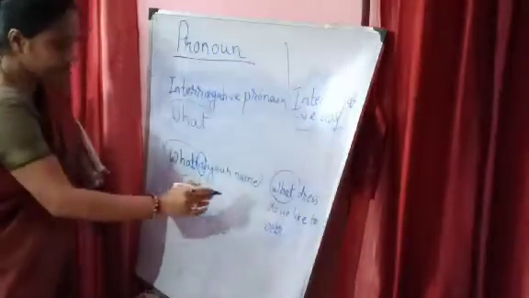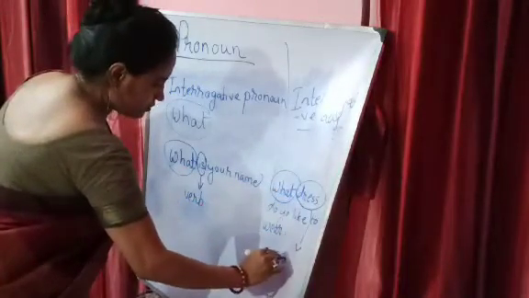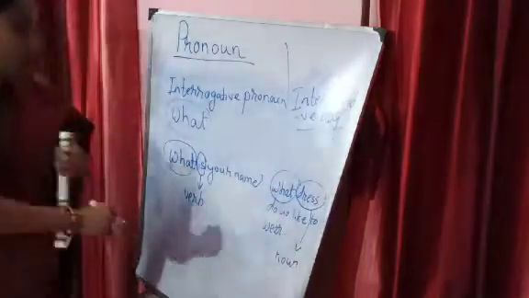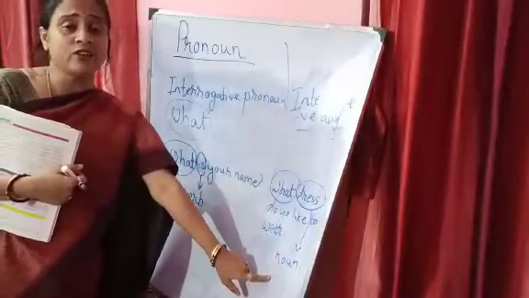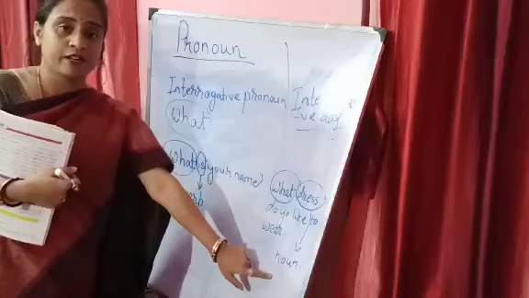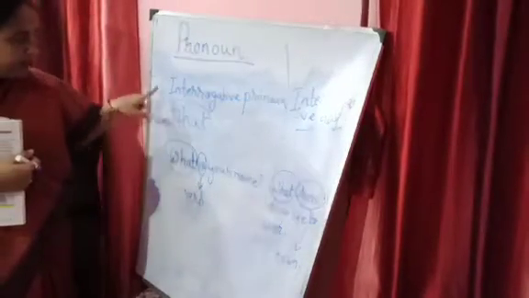And over here, the word just after this is a noun. So when just after it is a noun, then it is an interrogative adjective. And over here it is a supporting verb, then you see that it is an interrogative pronoun.